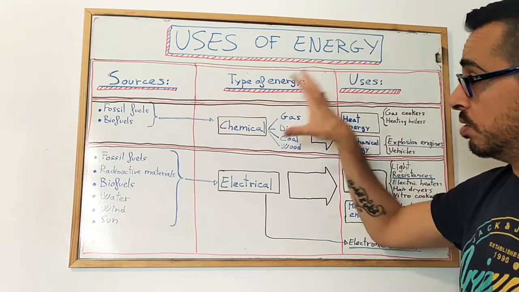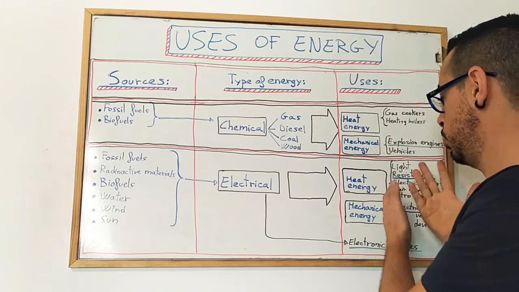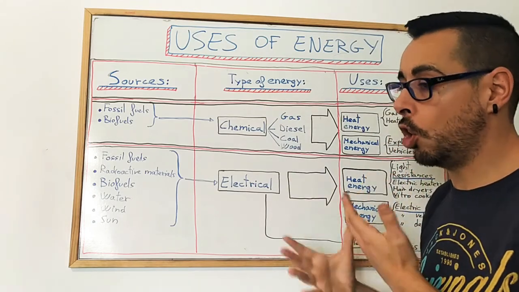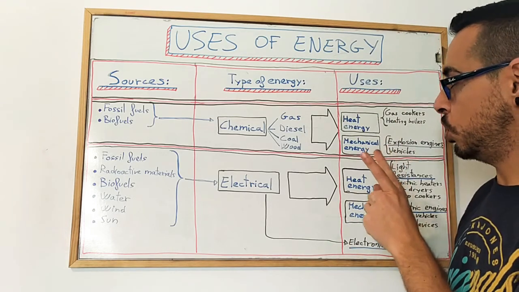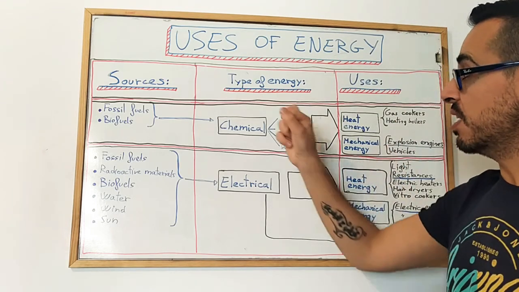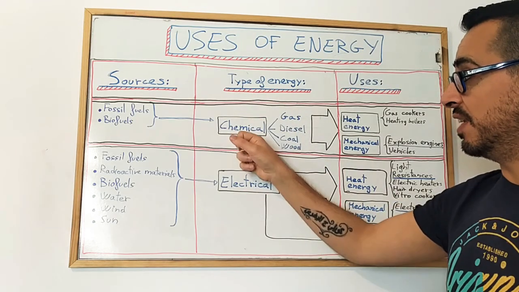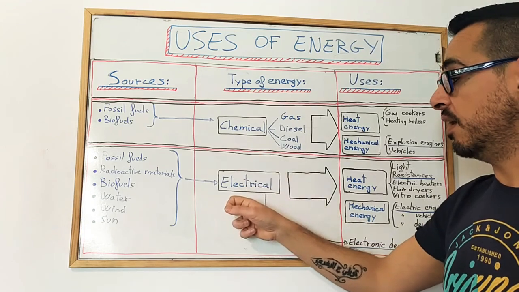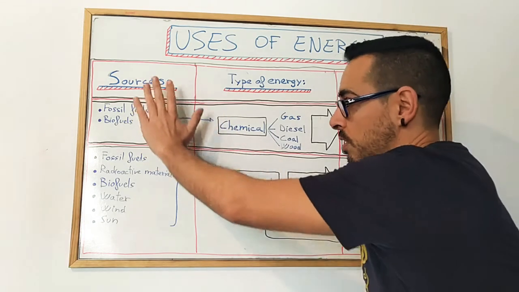We use some energies for performing some actions, or doing some common things. So we use two types of energy: the chemical energy and the electrical energy. Forget about the sources, okay?